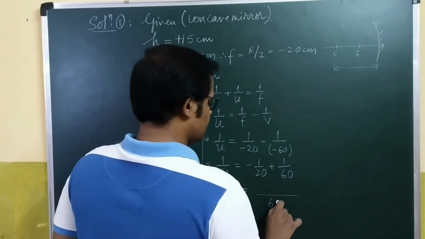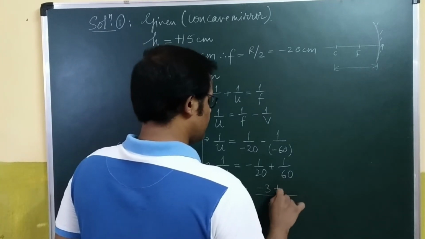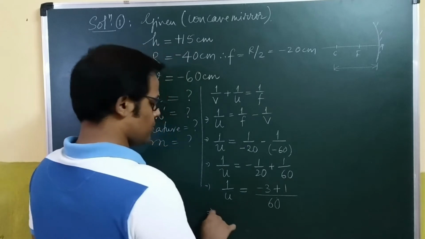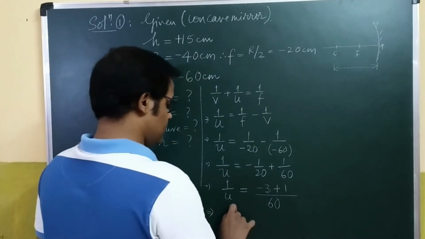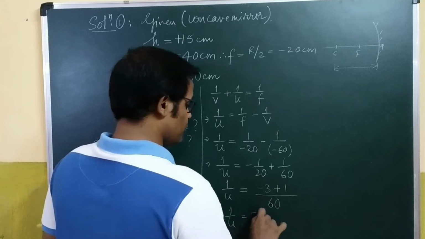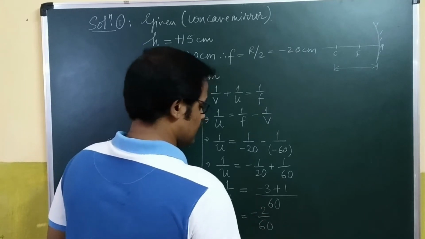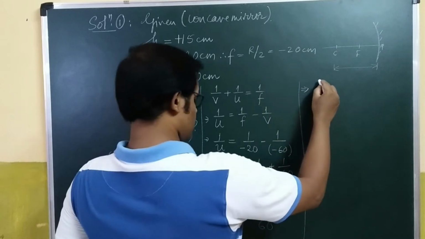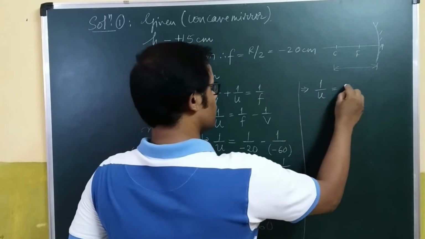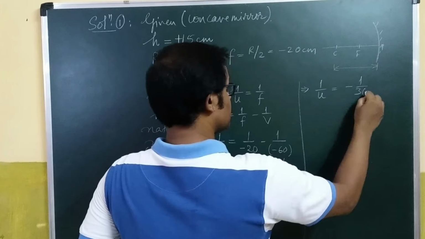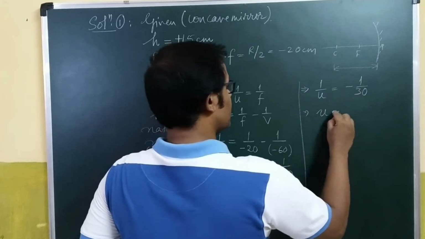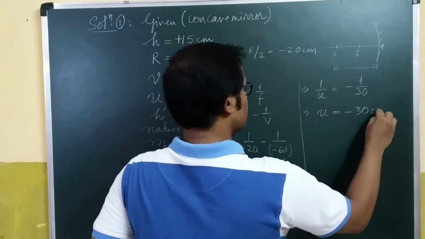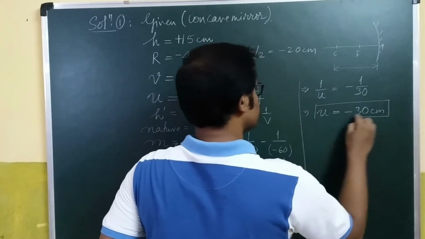You can directly take it as 60, so you get minus 3 plus 1. Is it visible? Right. So 1 by u equals minus 2 by 60. So I write it here, the remaining half. It is looking like 1 by u equals minus 1 by 30, or you can say the object distance has to be minus 30 centimeters.